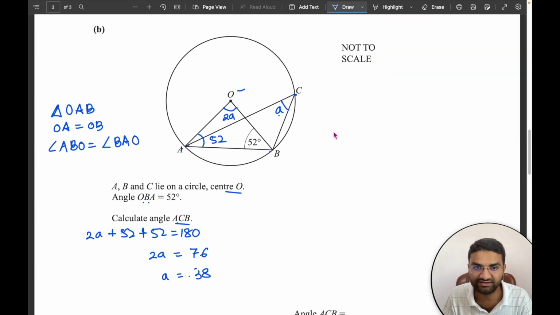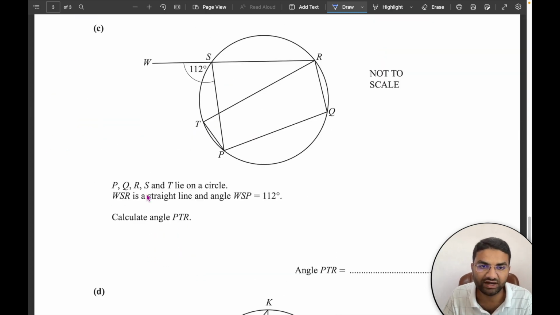Then, moving on to the next question, we have P, Q, R, S, T lying on the circle. W, S, R is a straight line. The angle WSP is 112 degrees.